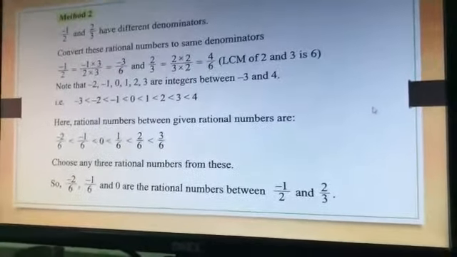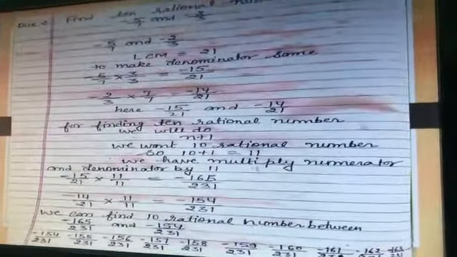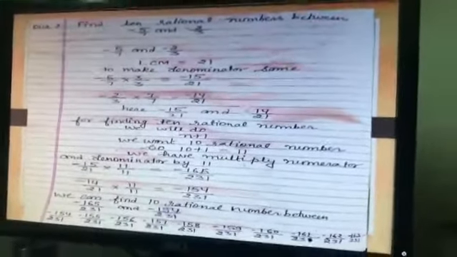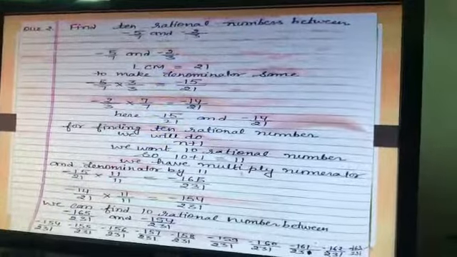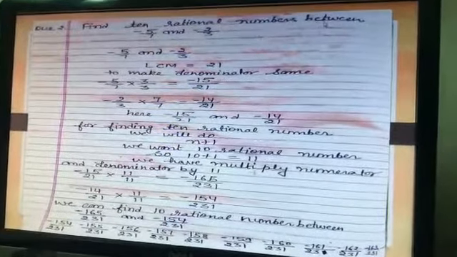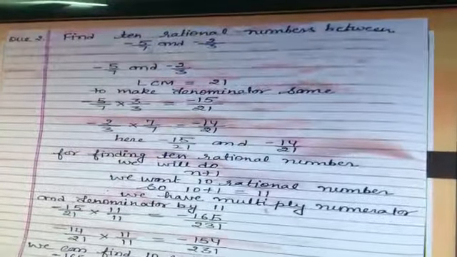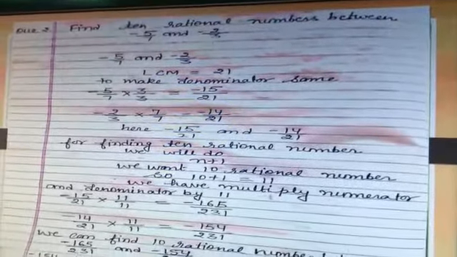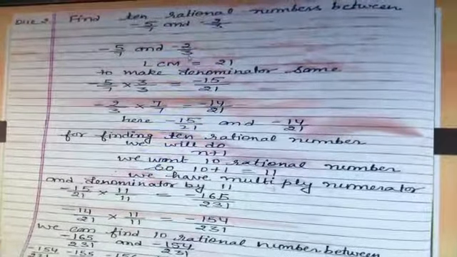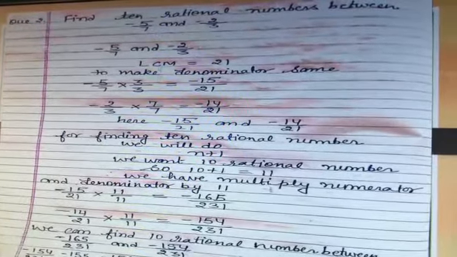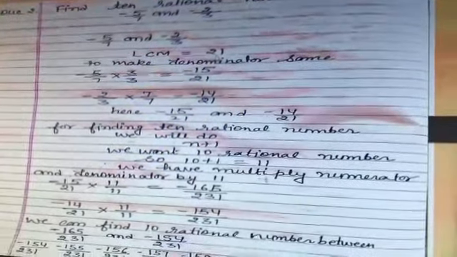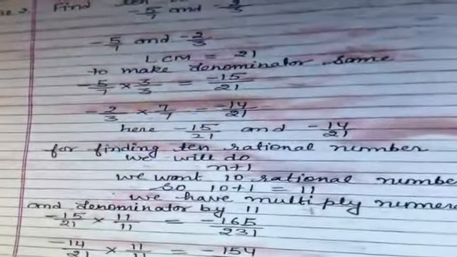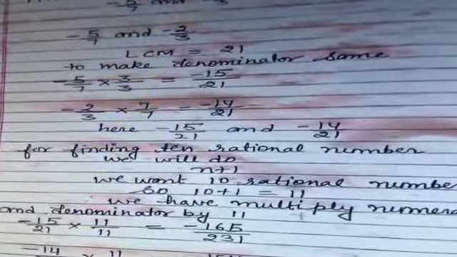One more example, if we want more rational numbers: find 10 rational numbers between minus 5 by 7 and minus 2 by 3. Here also the denominators are different, so first we take the LCM to make the denominator the same. Here the LCM of 7 and 3 is 21.